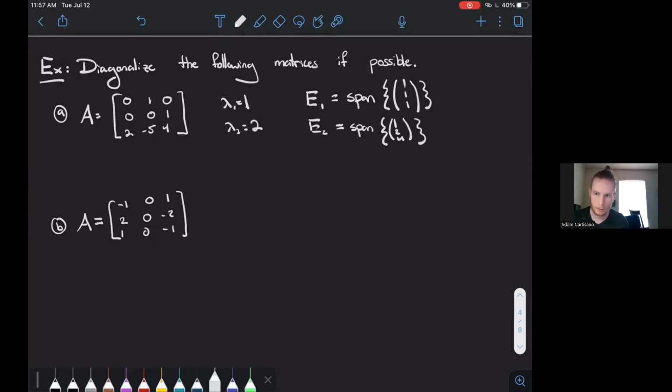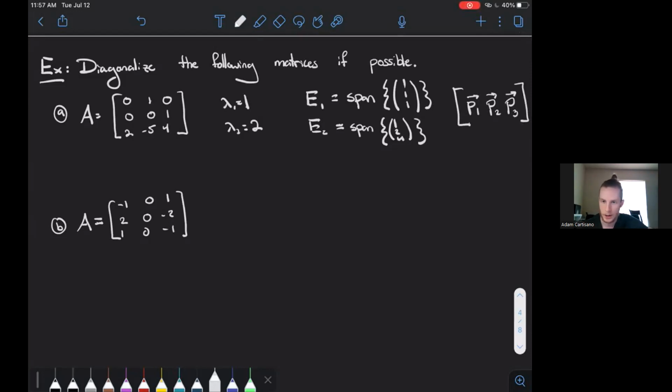Now here, the problem is, every eigenvector is a scalar multiple of one of these two vectors, which means if you write down any three eigenvectors in a matrix, P1, P2, P3, we have a problem.